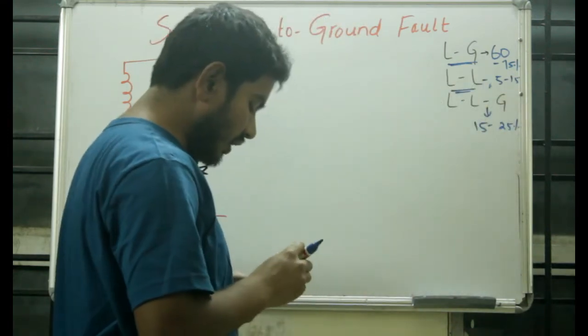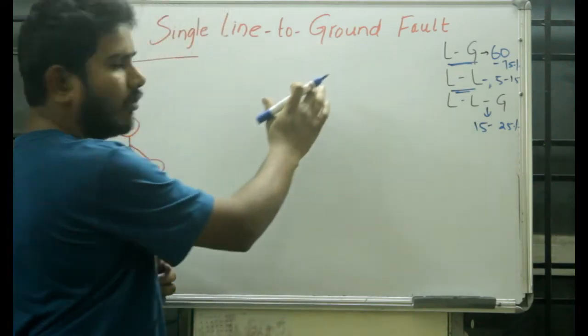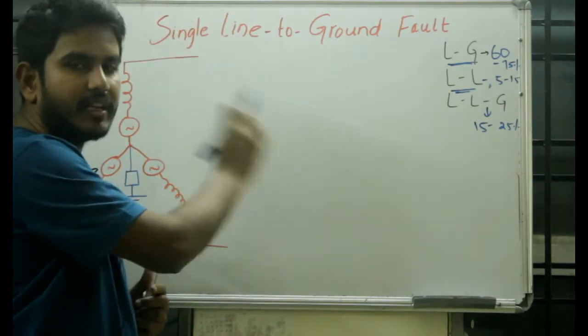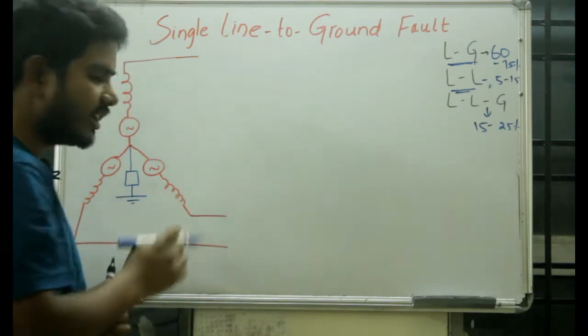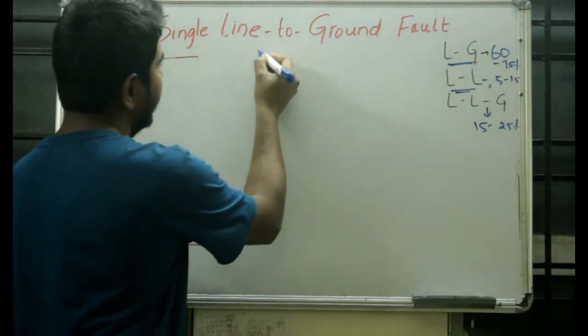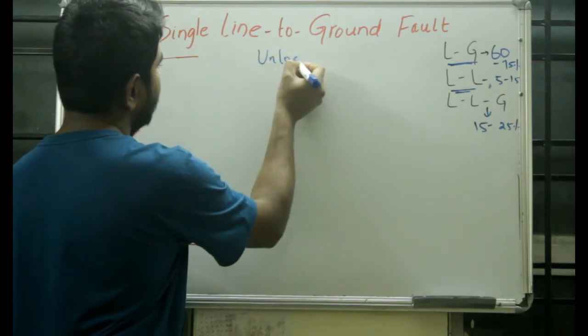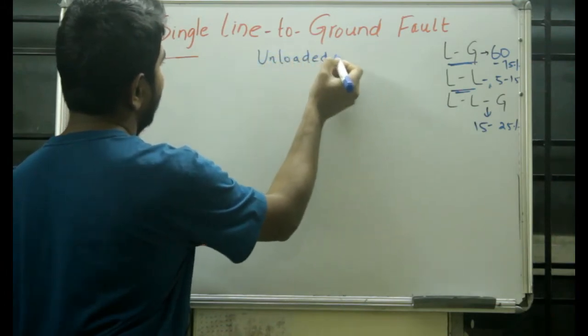Now in the single line to ground fault, to calculate the fault current and the short circuit MVA, let us consider an unloaded synchronous generator or alternator.